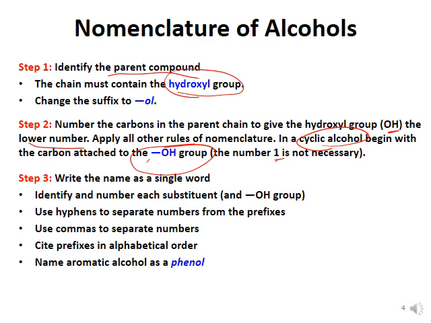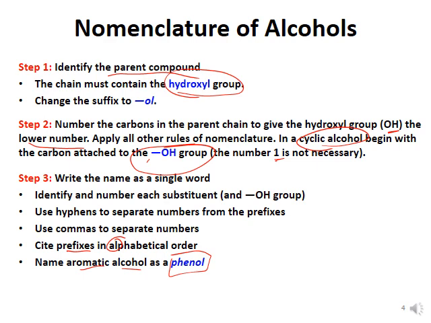You use hyphens to separate the numbers from the prefixes, commas to separate the numbers. Prefixes are in alphabetical order. And an aromatic alcohol, we like to call that phenol.